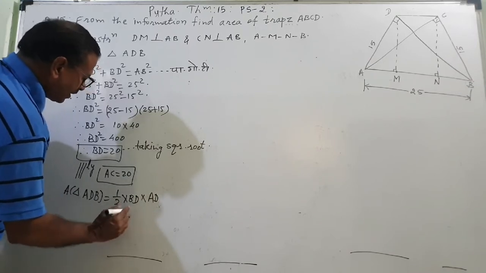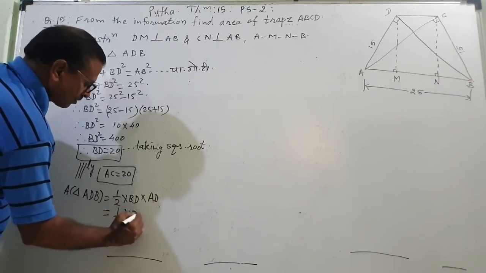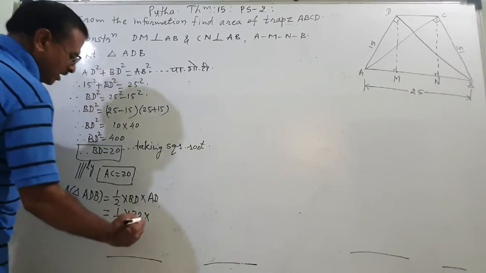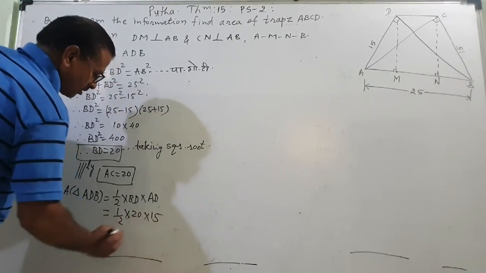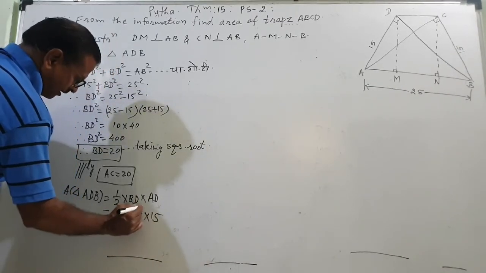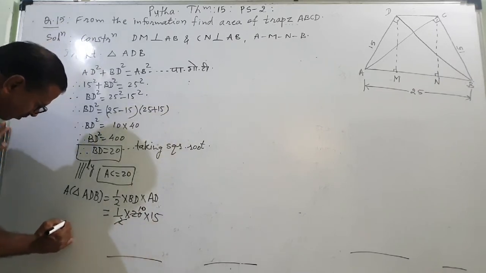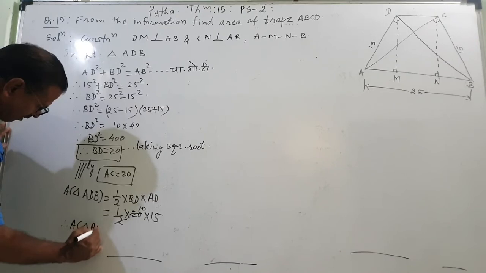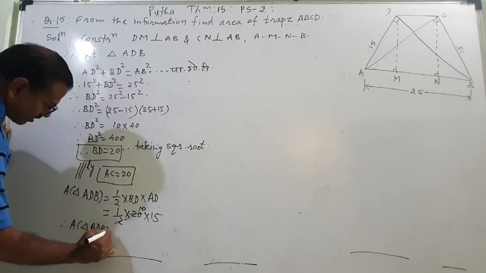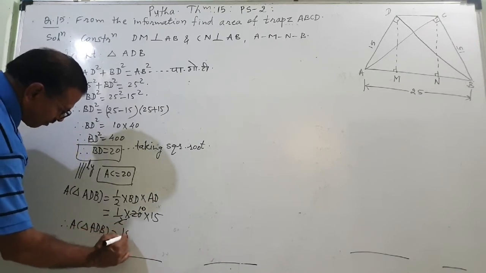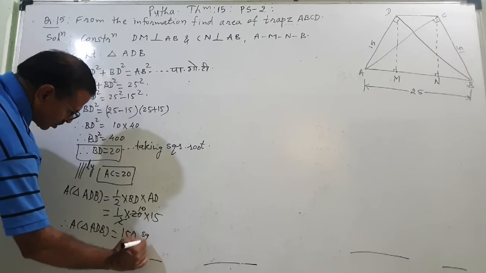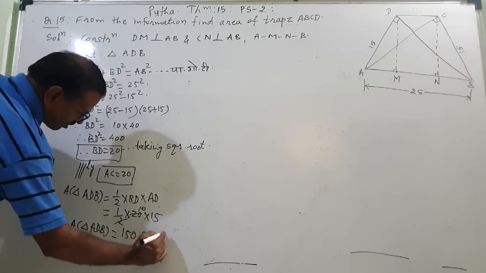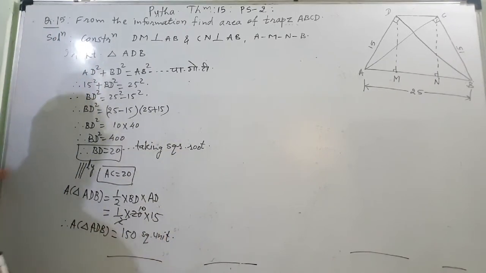So BD is how much? 20 into AD is how much? 15. 2 1 that 10. Therefore, area triangle ADB is equal to 150 square unit. Because the centimeter is not given, I think.